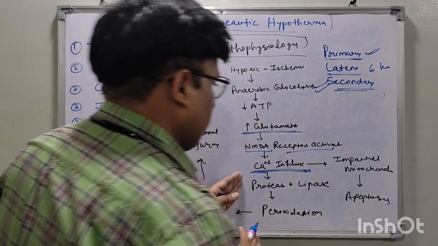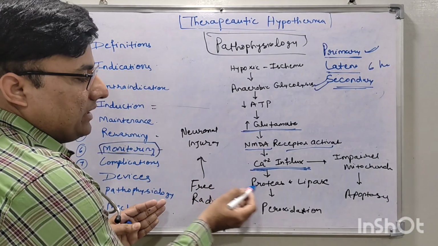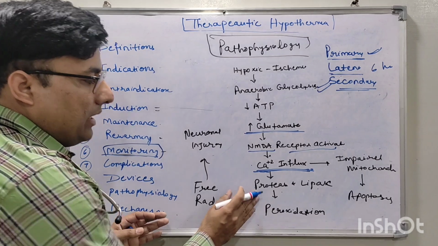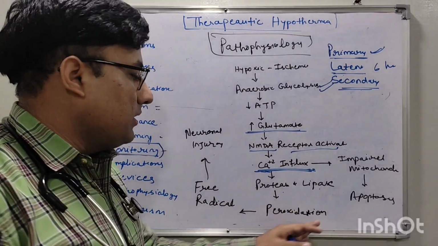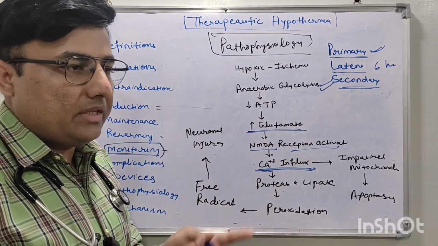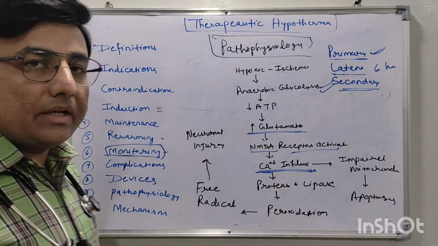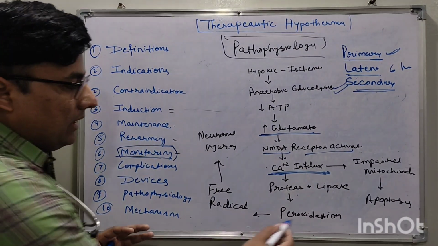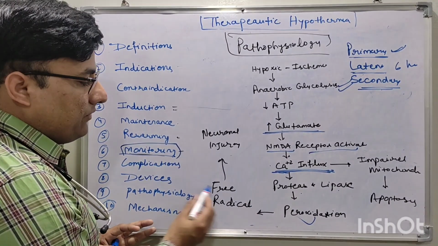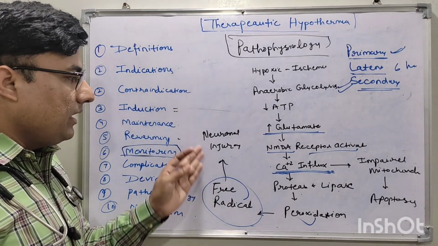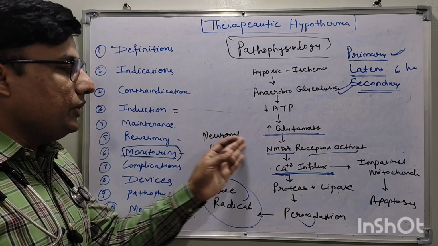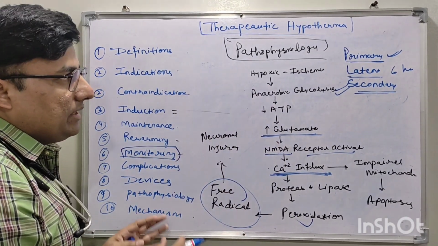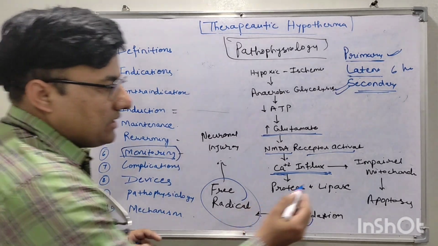Because of this calcium influx, protease and lipase will be activated, and lipase will cause peroxidation of the lipids in the cell membrane. Because of this peroxidation, free radicals will generate, and these free radicals will cause neuronal injury. So this is the pathophysiology of neuronal injury in hypoxic ischemic encephalopathy.